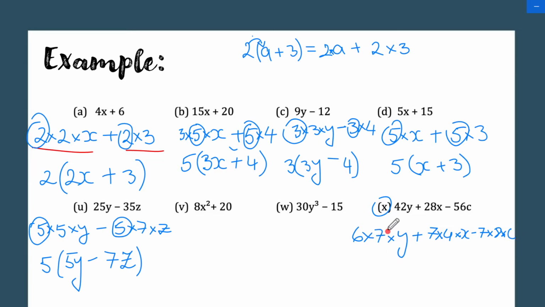Okay, so I have a 7 here, I have a 7 here, and I have a 7 here, and I'm gonna put it in front of the bracket. Then I have 6y plus 4x minus, because I have the minus from here, and then 8 times c is 8c. Okay, so that's how you factorize it there.